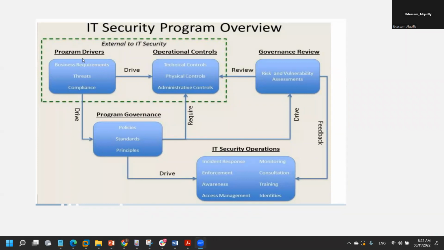So you can see what drives the program. We have an IT security program. The business requires stuff. Also, there is a risk and we have done a vulnerability assessment, and both of them, guys, will really lead to the protection phase. And in the protection phase, again, in order to protect the system, you need to implement physical controls and admin controls, which are management controls like policies and procedures.